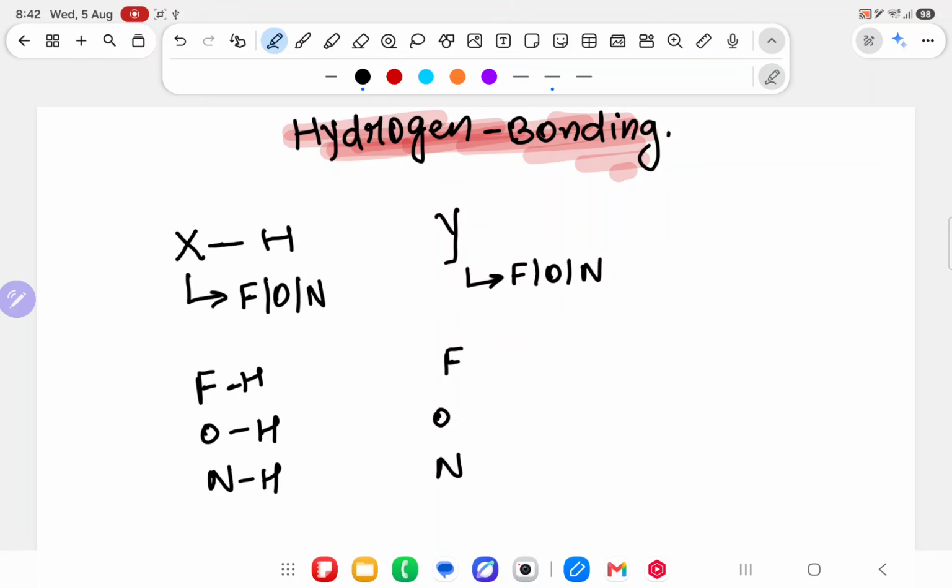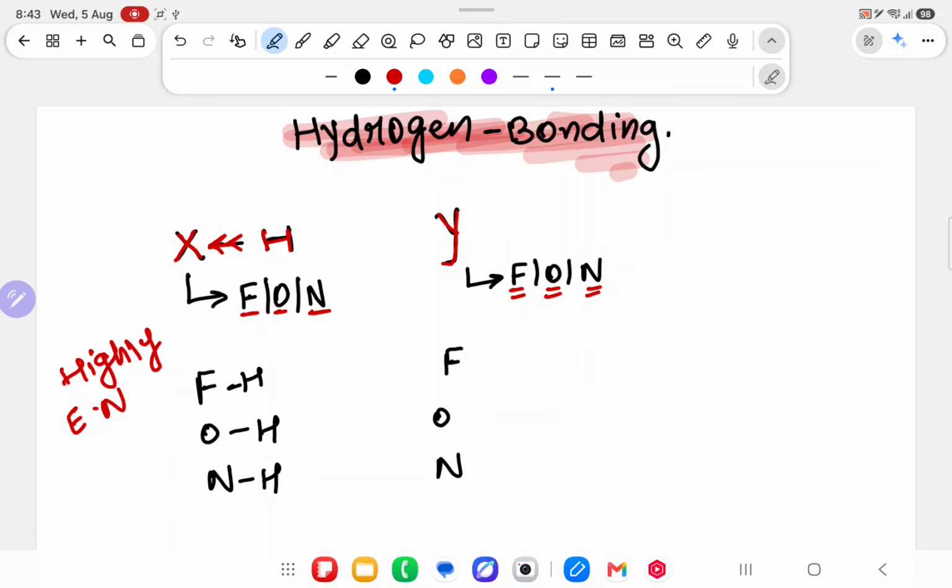A hydrogen bond will form only and only when there is X, which will be either fluorine, oxygen or nitrogen attached with hydrogen, and another element Y, which will be fluorine, oxygen or nitrogen. What happens is that fluorine, oxygen and nitrogen are highly electronegative.